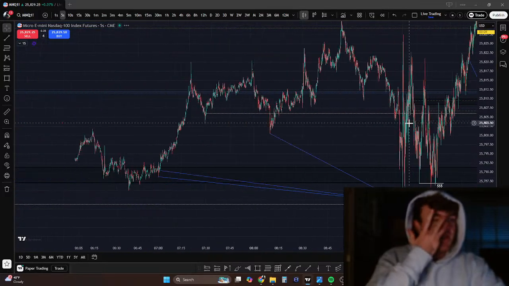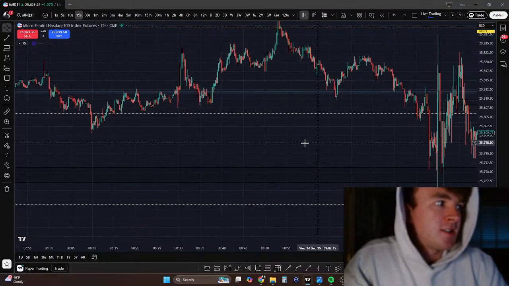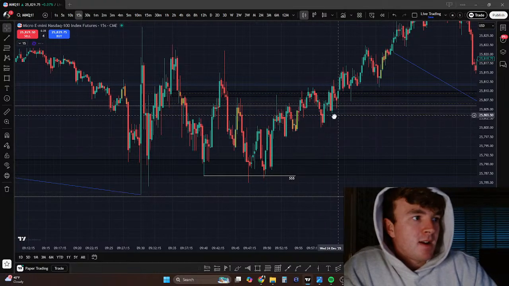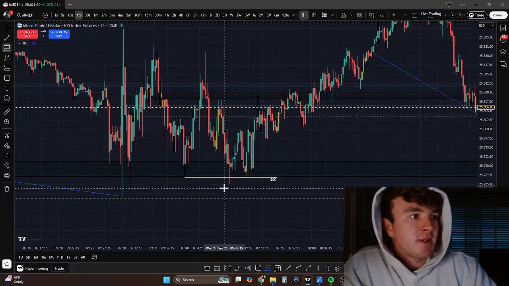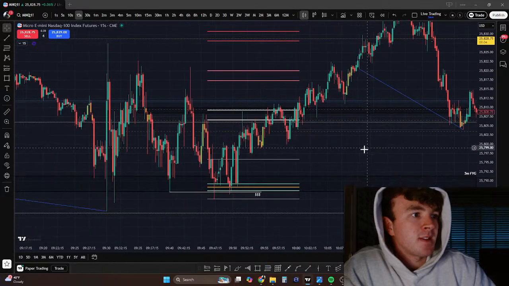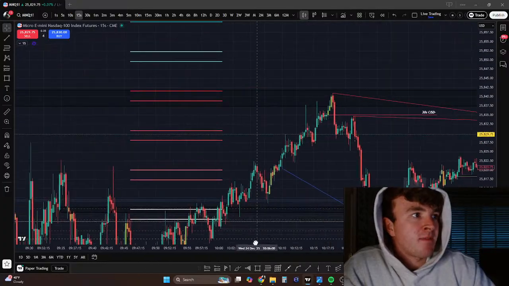Okay, let's go through all the trades one by one. So the first trade I tried taking was change in state off of this 5 minute gap. Which was fine, but I should have basically put stop loss below the low here. I think that just makes more sense because there's an external gap.